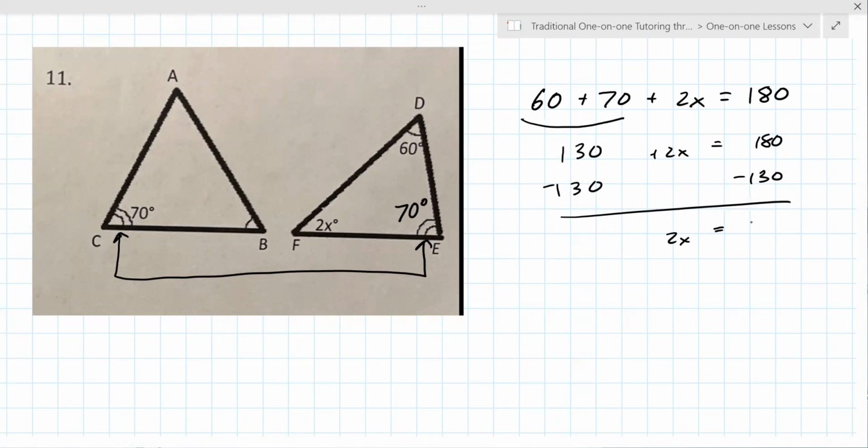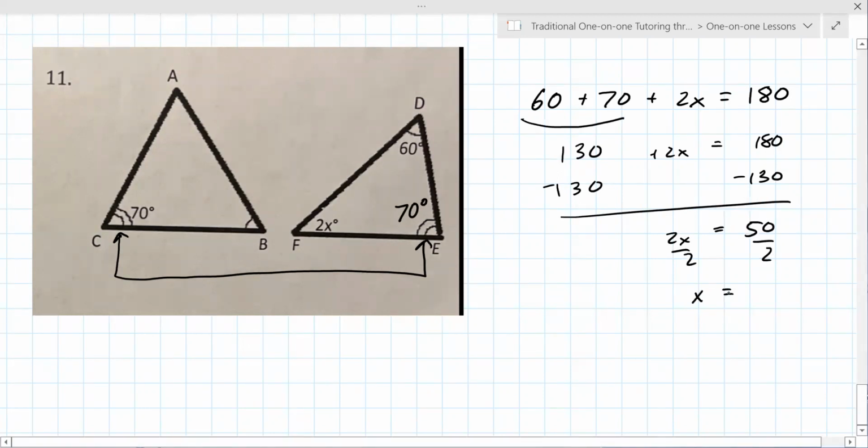So you have to divide both sides by 2. Very good. 25. X is 25. Very good.